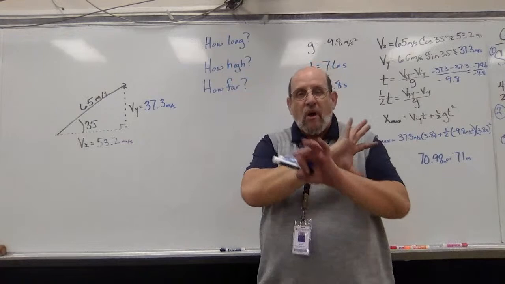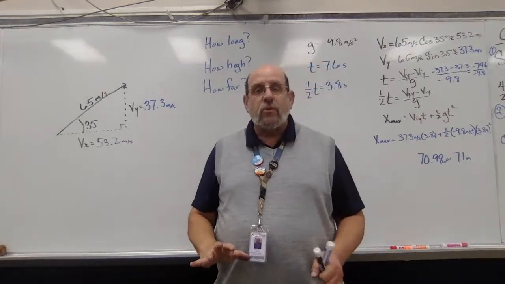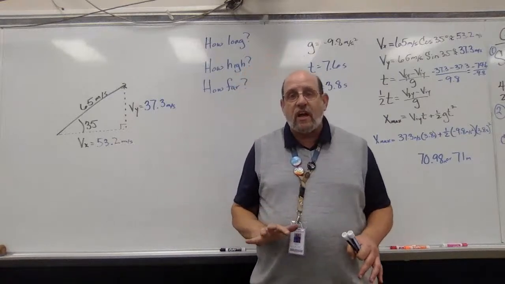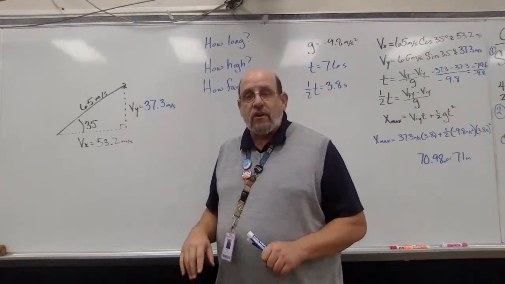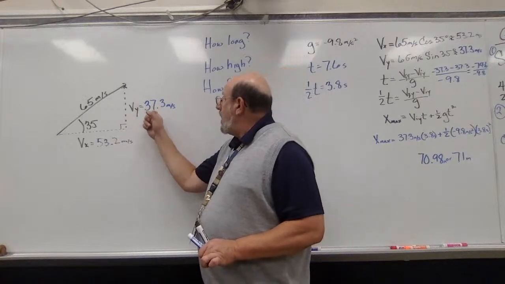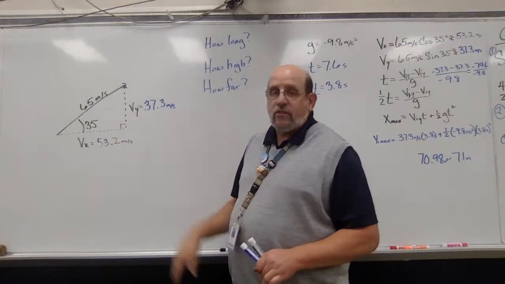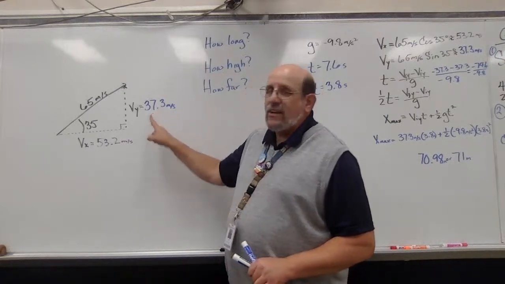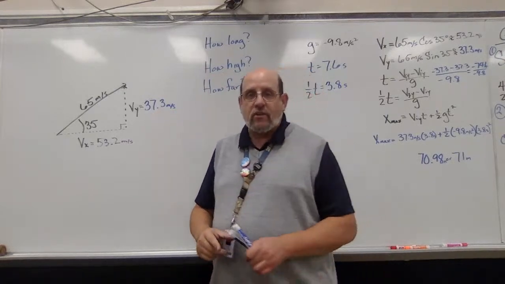Now, barring any air resistance whatsoever, we're not allowed to worry about air resistance in this type of physics class, because this is an algebraic physics class. We know that just before it hits the ground, its vertical velocity is exactly the same magnitude, but in the opposite direction.